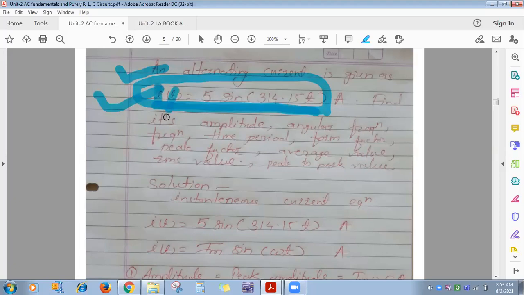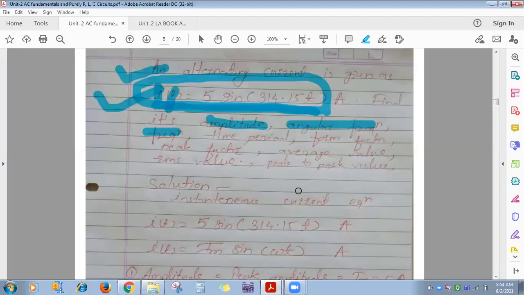It is a function of time t, isn't it? You have been asked to find its amplitude, angular frequency, frequency in hertz, time period, form factor, peak factor, average value, RMS value, and peak to peak value.